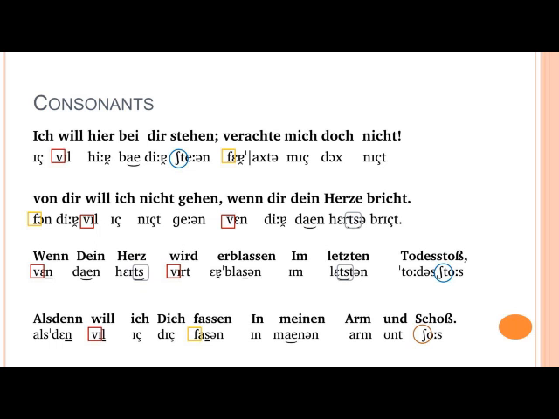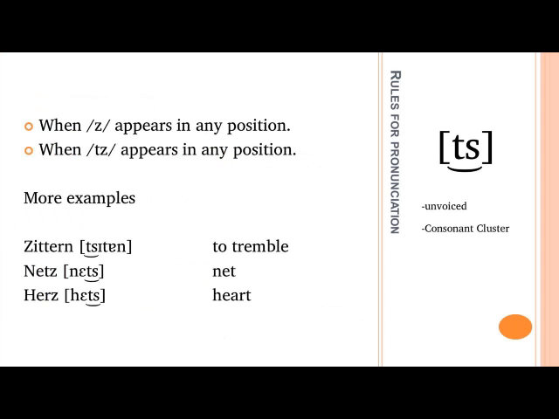And then the third line, second to last word, letzten. So there's two main spellings that make this sound. When a Z appears in any position, and when a TZ appears in any position. So some examples are zittern, Netz, Herz.